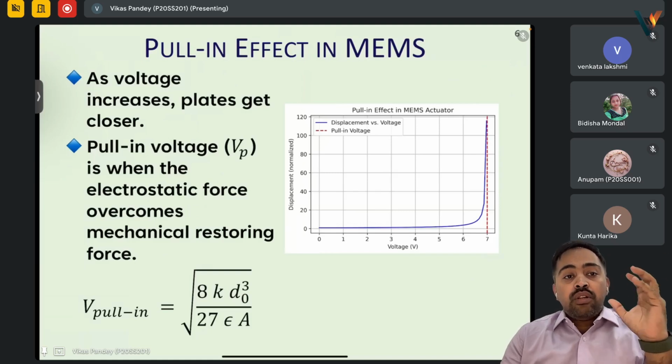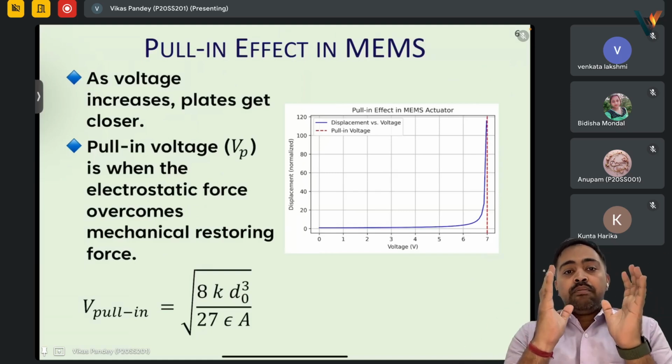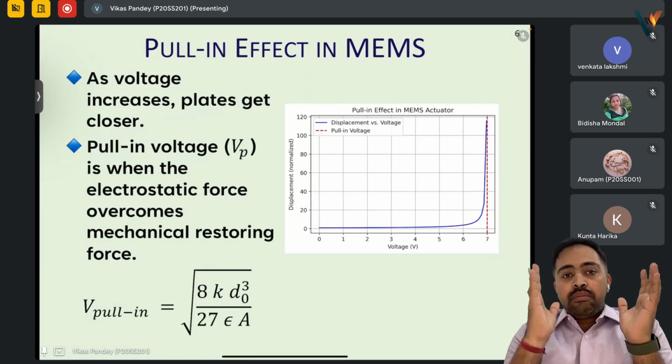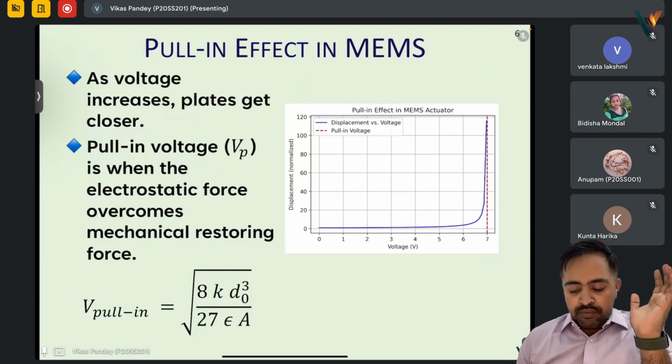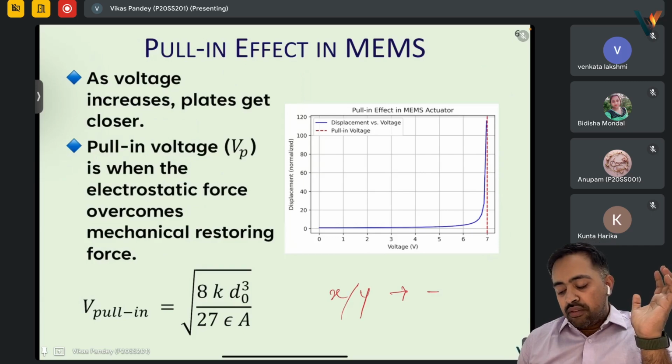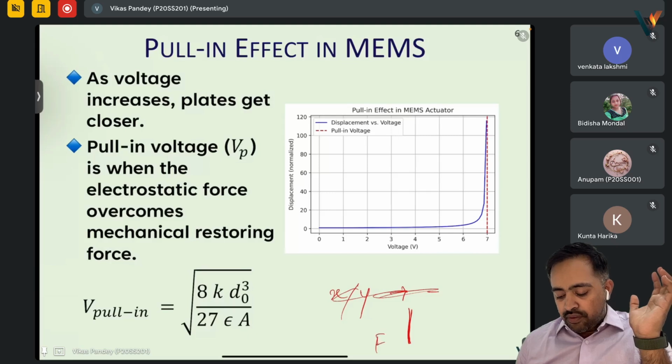As the voltage increases, the plates get closer. That means the distance x or y, whatever we take, becomes negative. Suppose this is the fixed plate and this is the moving plate, and we put a scale and put 0 here.